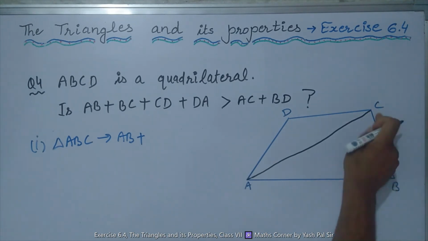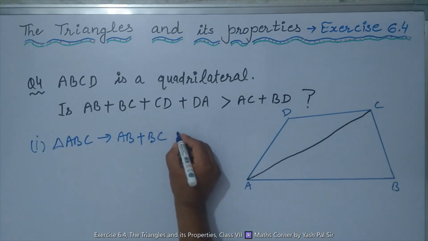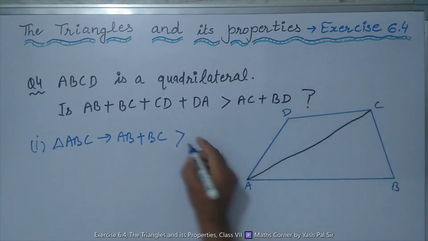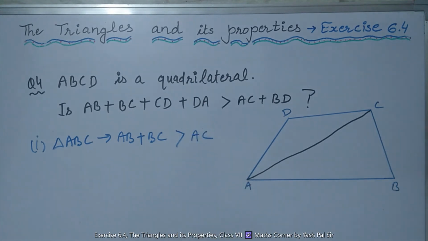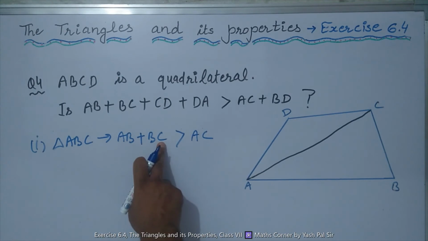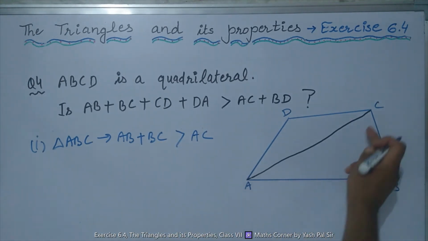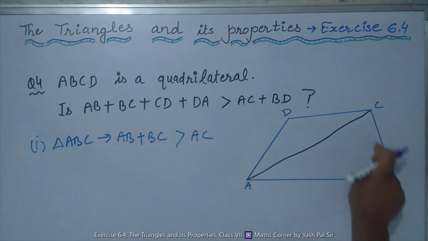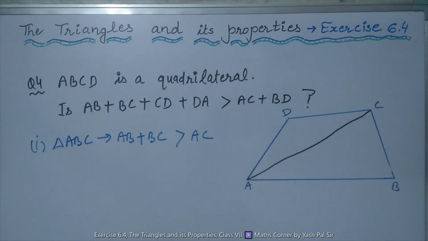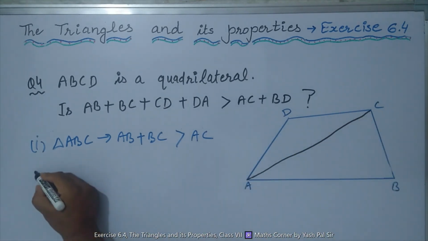AB plus BC is greater than AC. Which property? The sum of the lengths of two sides of a triangle is greater than the third side. So first of all, we took this triangle ABC. Now the second time, we are going to take the triangle ADC.